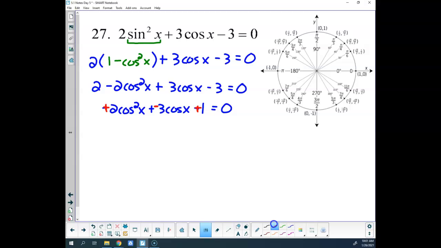Now, it's no different than if I said factor that purple one. Right? How would you factor the purple one?